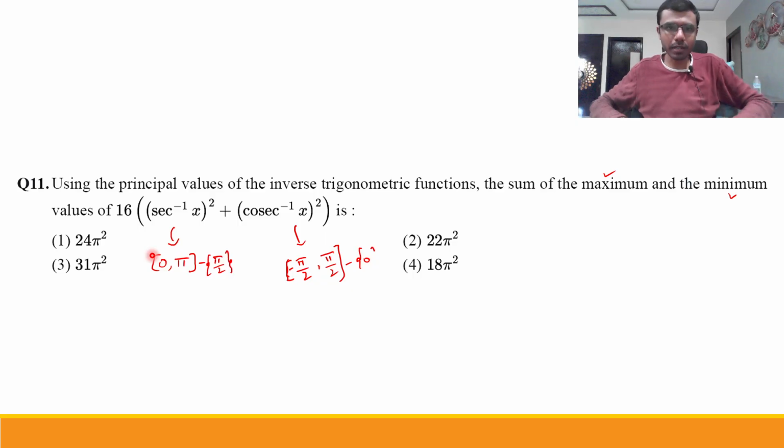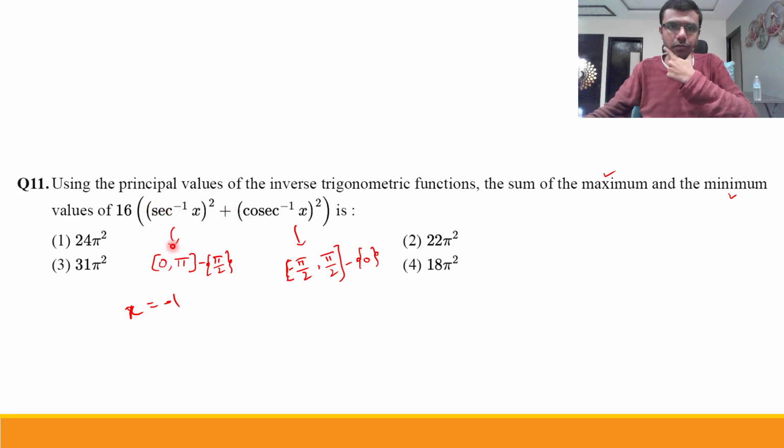It could work. You can just check. So let's say I'll put x as 1. Okay, secant inverse minus 1, I'm sorry. If I put x as minus 1, what would I end up getting?